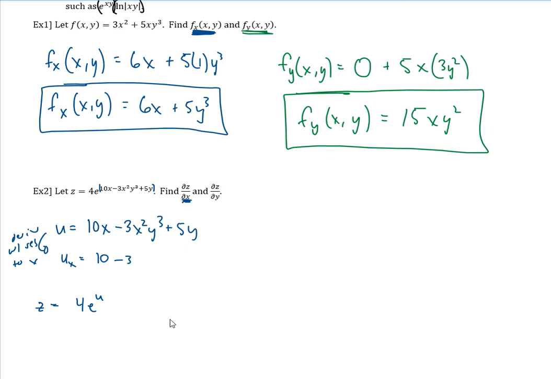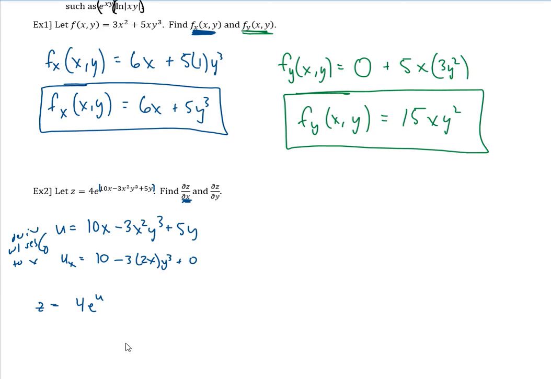The derivative of x squared would be 2x. y cubed is treated like a constant, so that means just attach it, just like I did with the 3. So y cubed is just attached. And then plus 5y, well, if this is treated like a constant, then the derivative would be 0, because it's with respect to x still.